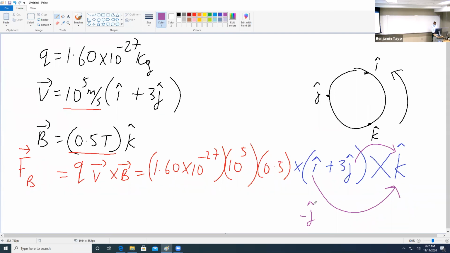J and K is plus I. So my final answer here, if you multiply this out, will be 8.0 times 10 to the negative 23 into 3I hat minus J. All of this will be in newtons.